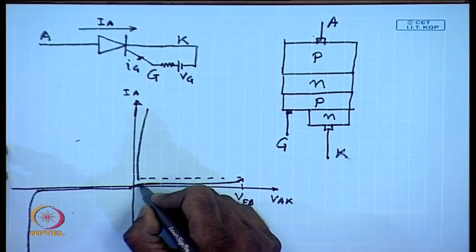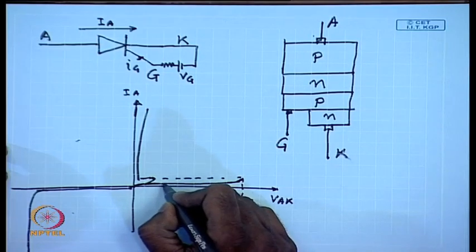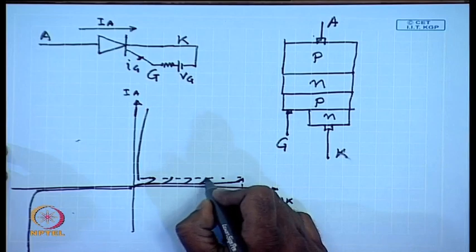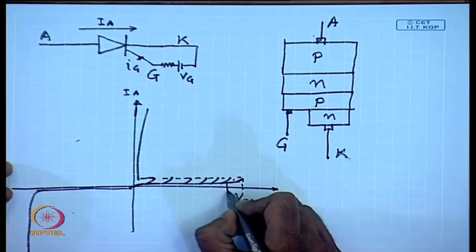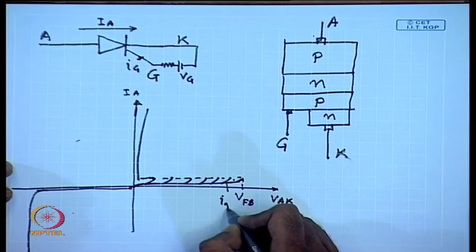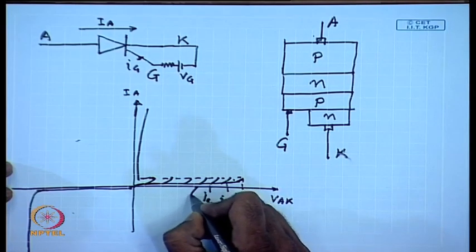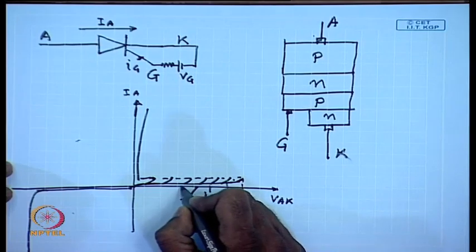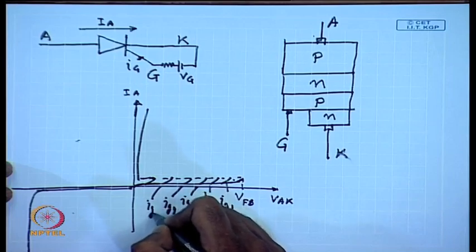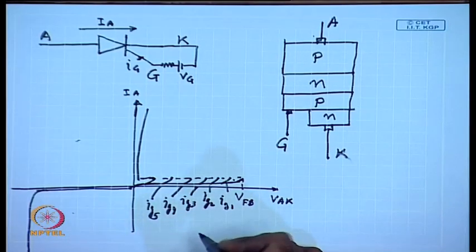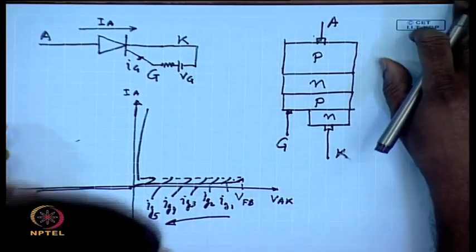Therefore, we can apply different gate current to turn it on at different forward voltage level. So, this is for Ig1, this is for Ig2, this is for Ig3, this is for Ig4, Ig5, etc. So, the gate current is increasing in this direction.